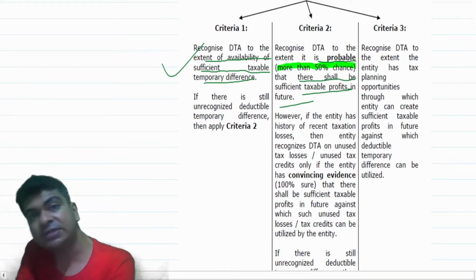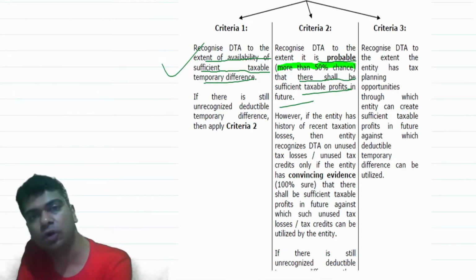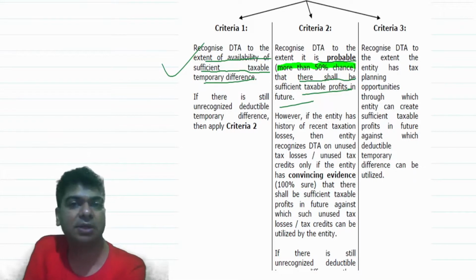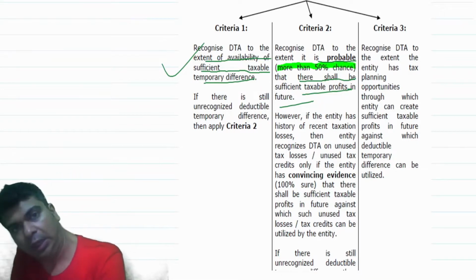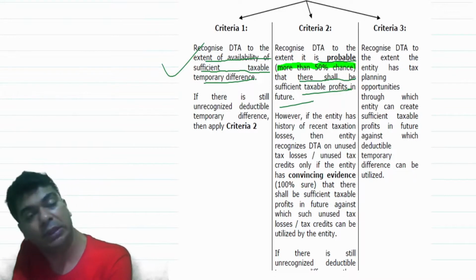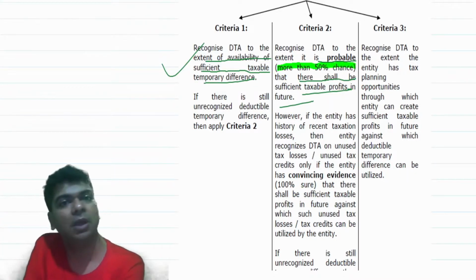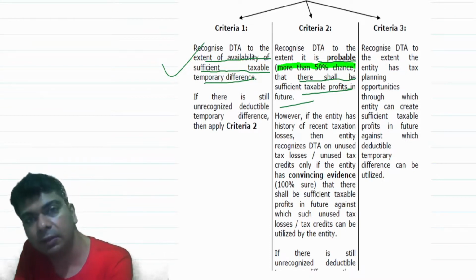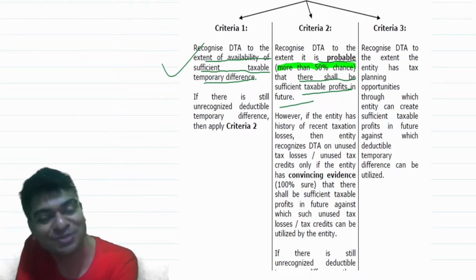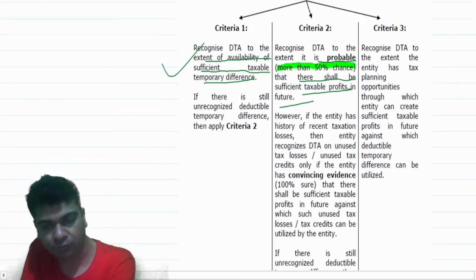But if you are having taxation loss in the current year, or you have a recent history of taxation loss, or any unutilized tax credits, then you can recognize DTA provided you have convincing evidence that there shall be taxable profit in future. Convincing evidence. Now you should be 100% sure.